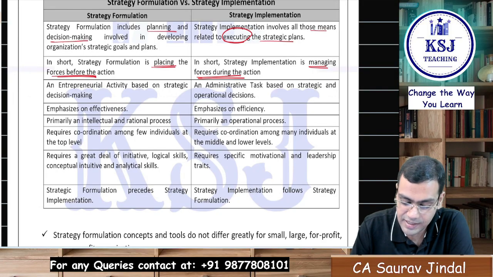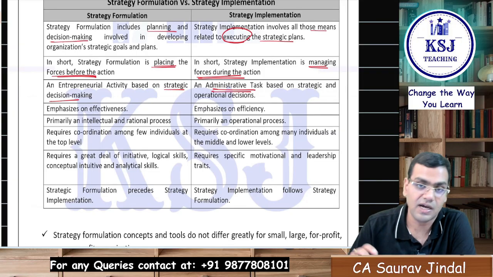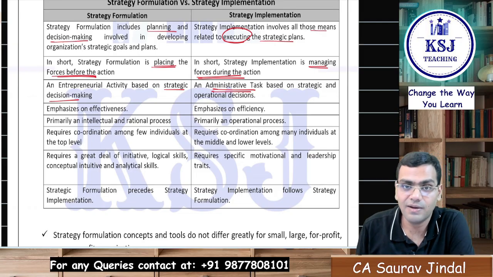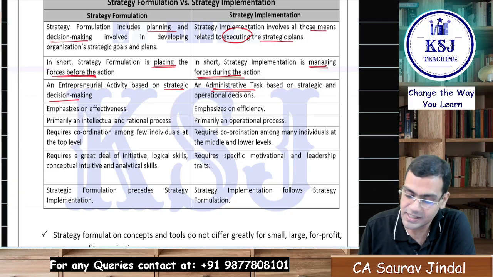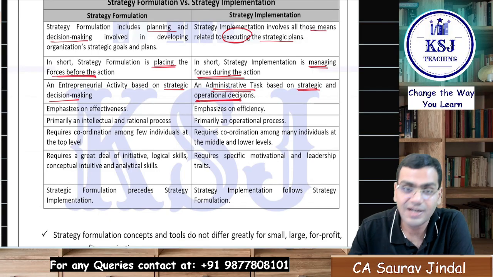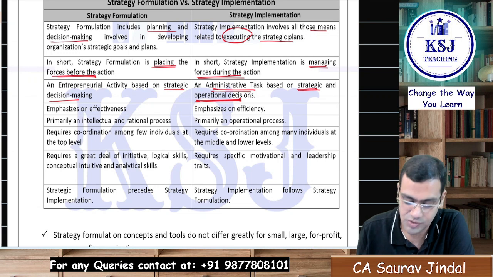Formulation is an entrepreneurial activity based on strategic decision making. Implementation is an administrative task, because when you are implementing, who will implement it? The lower level management, the functional managers, the business managers are going to implement it, right? So it is an administrative task based on strategic and operational decisions, because implementation is related to the business operations.